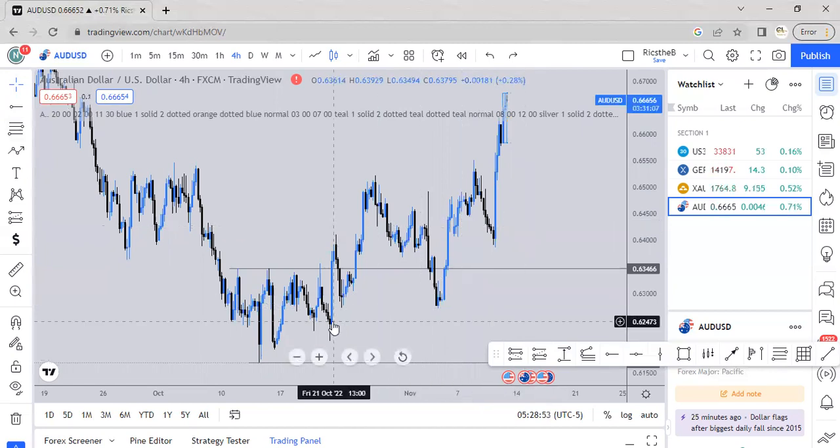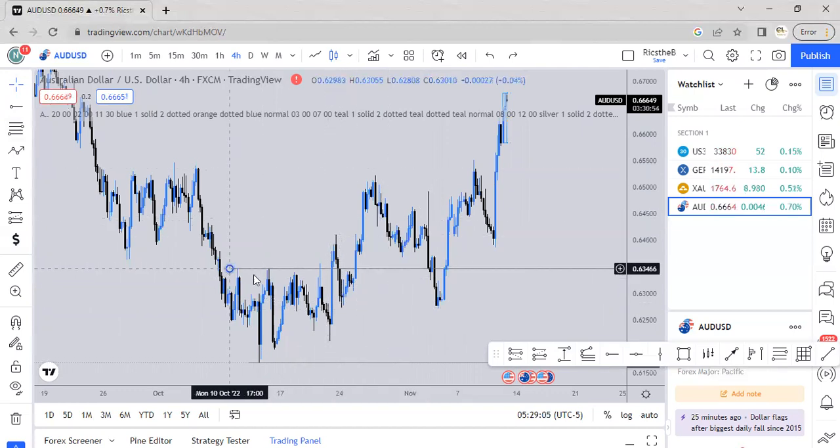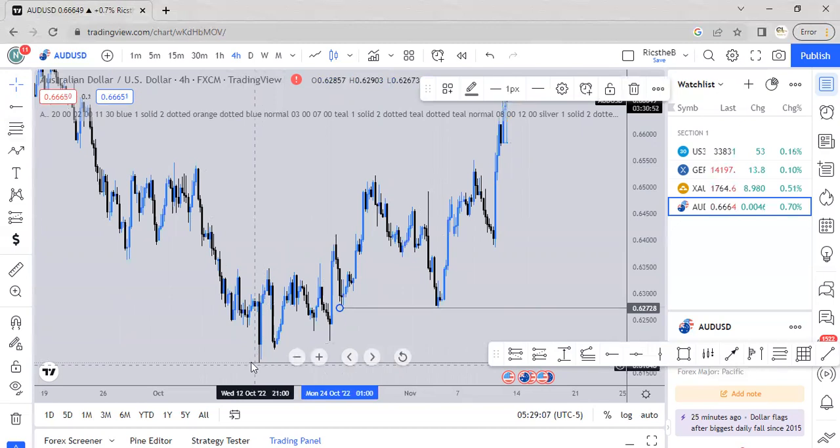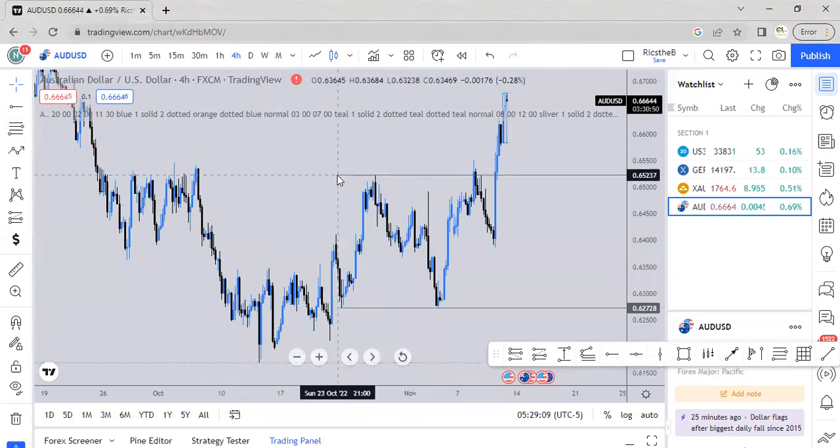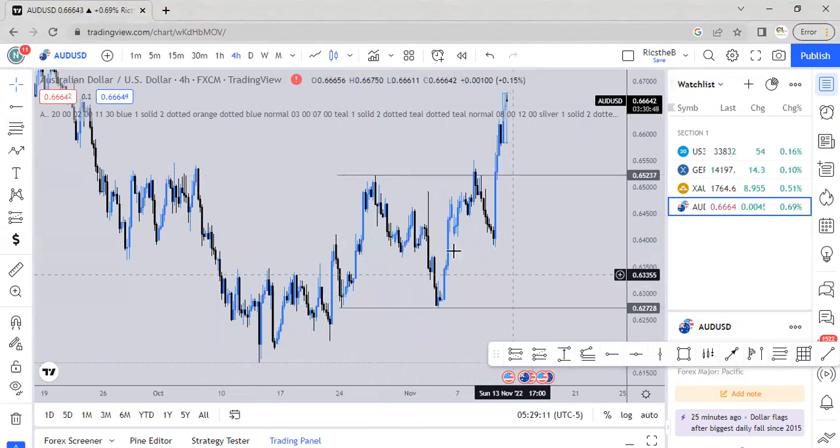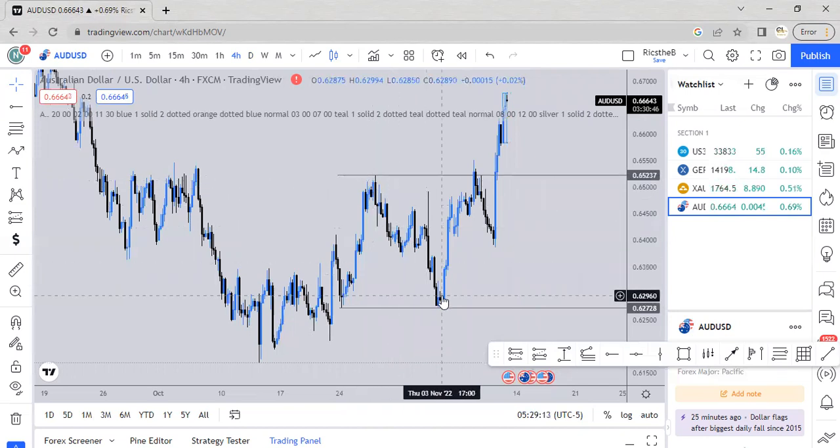You can see this was where we had the first move that broke structure. From this point to this point is a swing on its own. Then after the pullback, we have another push to the upside. This simply means from this point to this point is a swing on its own. And you can clearly see price came all the way down here.